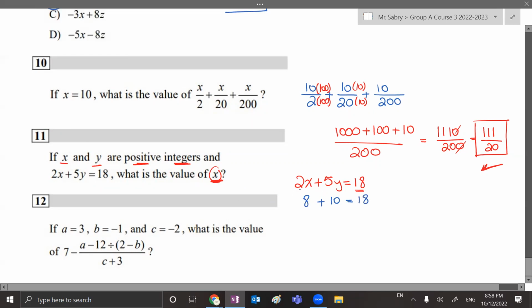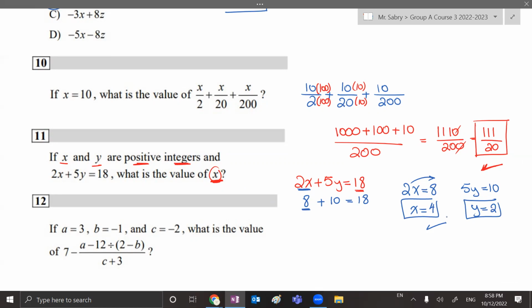If that's the case, then 2x is equal to 8 and 5y is equal to 10. Which means x is equal to 8 divided by 2, which is 4, and y is equal to 10 divided by 5, which is 2. This is correct, and there's no mistake here. It's done. Anyone has any issues in this one?